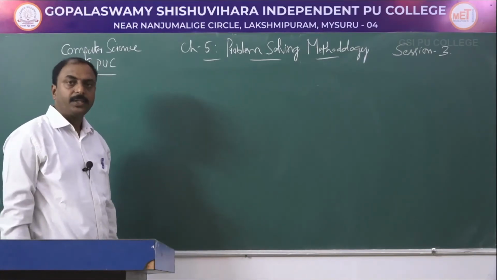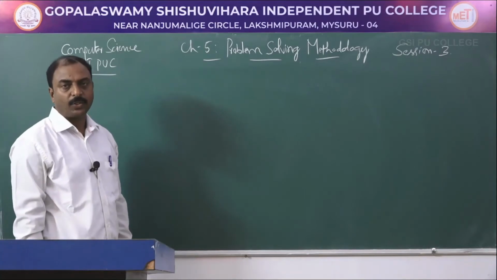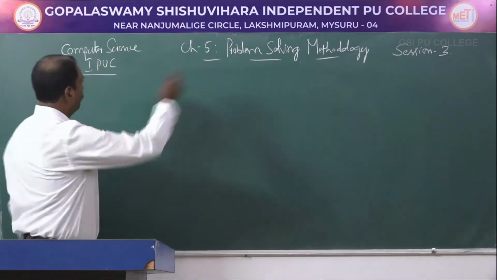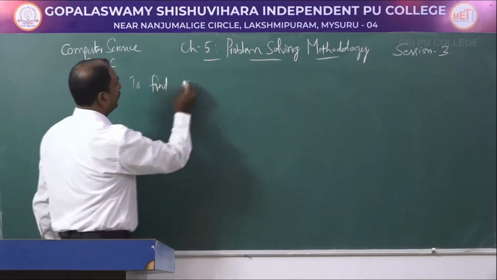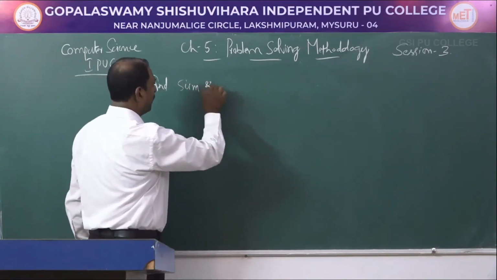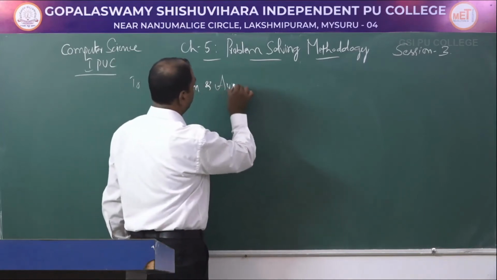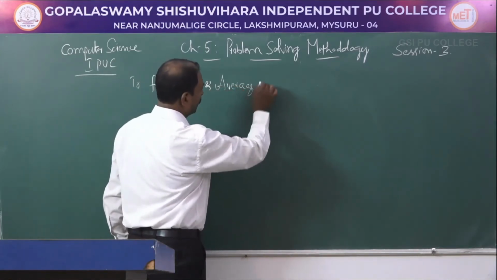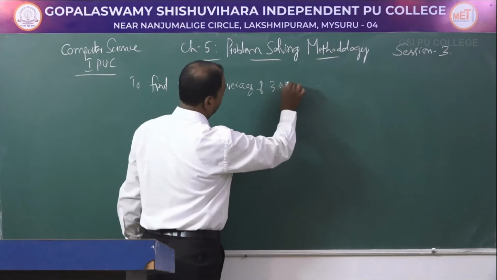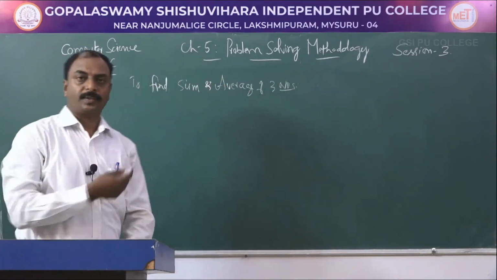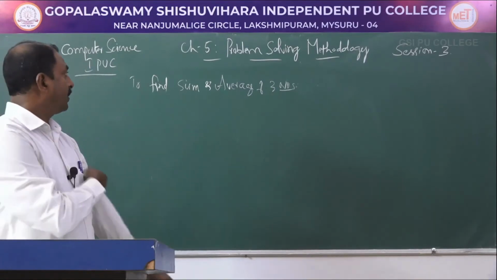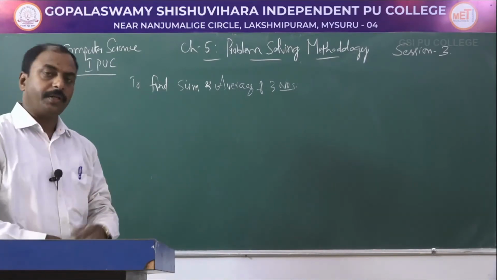Next algorithm is to find the sum and average of three numbers. You know what the problem is? This is to find sum and average of three numbers.